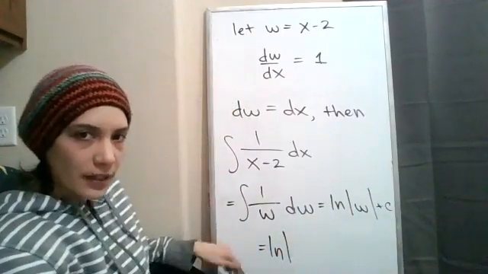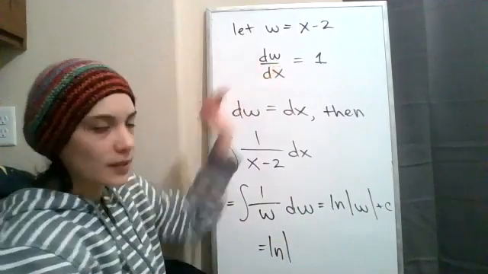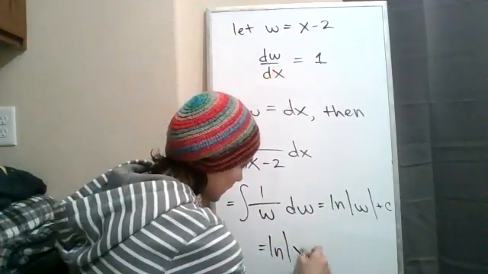So ln absolute value of x minus 2 plus c. That's that other part.